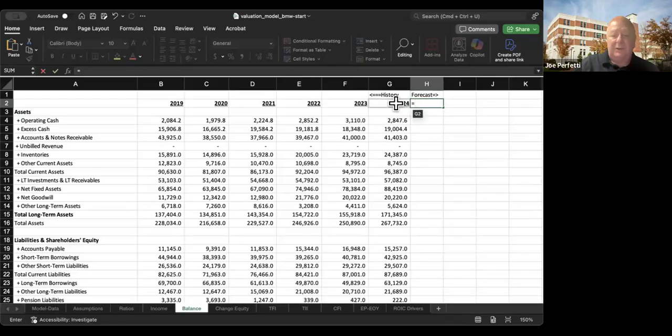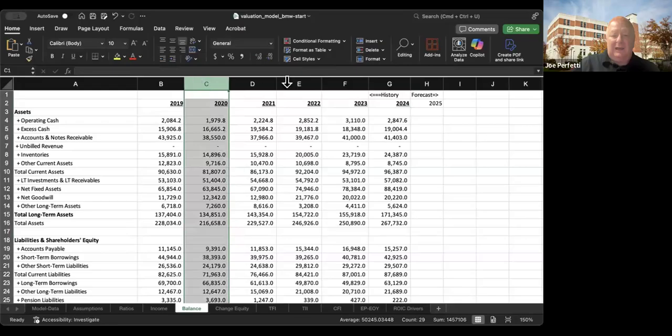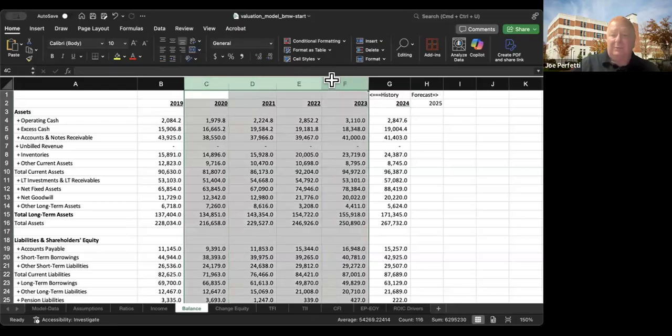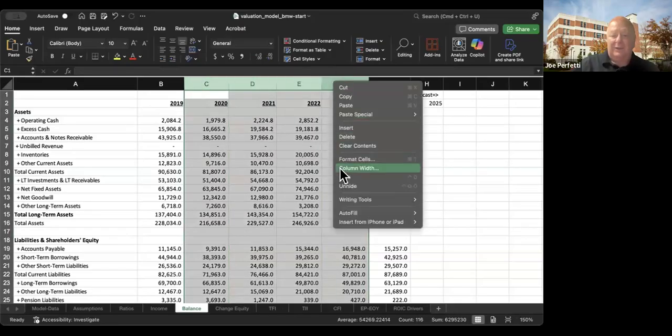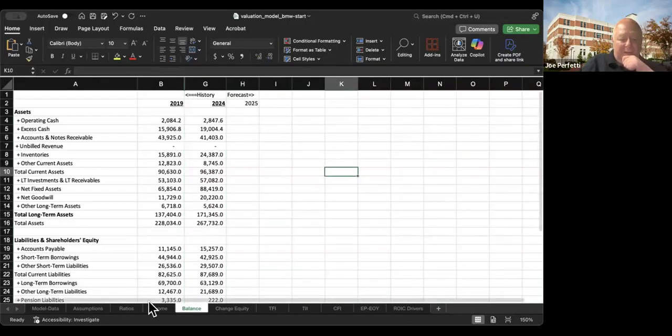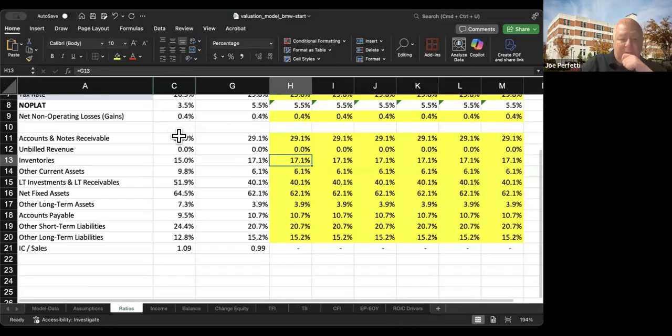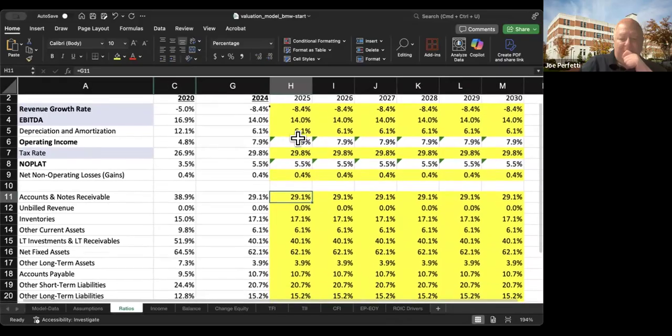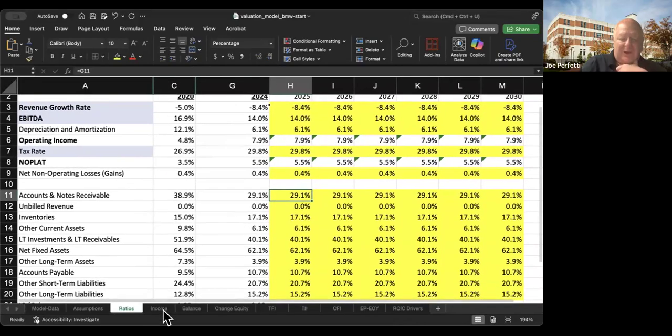So H2 is G2 plus 1. And again, you shouldn't do this because you might accidentally break your model, but I'm going to hide a few of these cells just so it's easier to see. So for 2025, the first balance sheet ratio we're going to forecast is accounts and notes receivable as a percentage of sales, right there, 29.1%. So we're going to repeat this process 11 times.